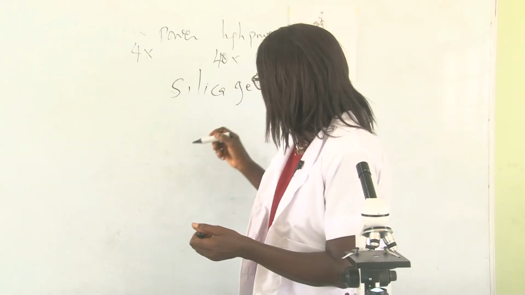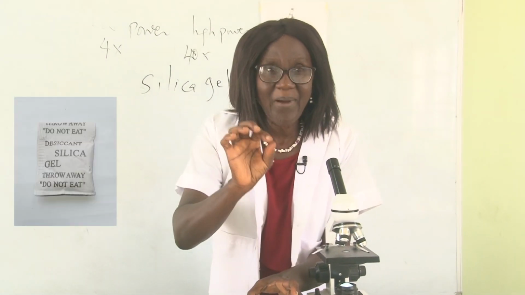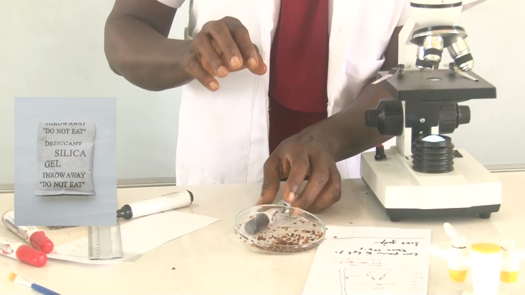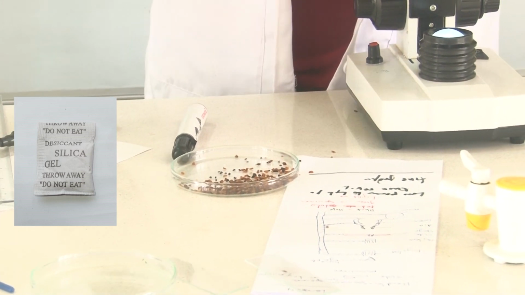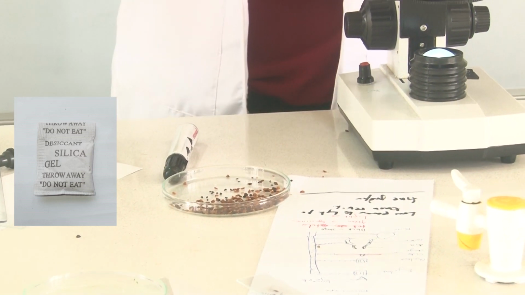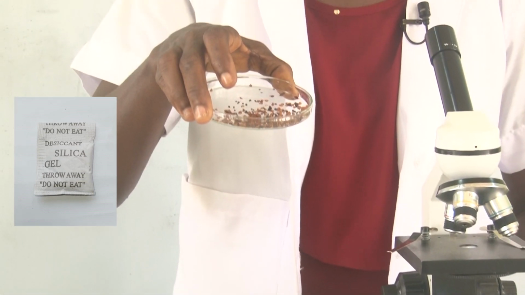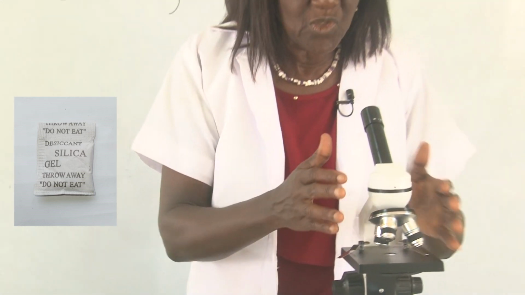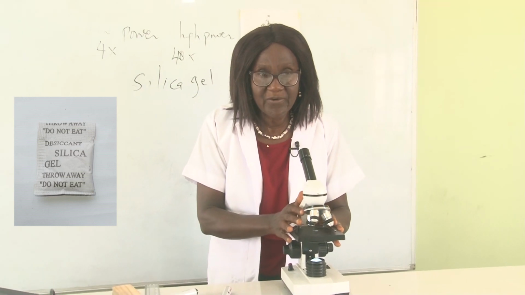Silica gel. All right, you see silica gel packaged in small packets that are put in shoes that are being sold. The silica gel traps moisture. So if the boxes have silica gel, it helps to trap moisture so that fungi does not grow on the lenses or parts of the microscope.